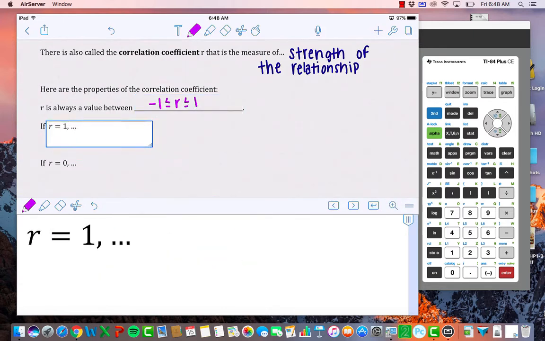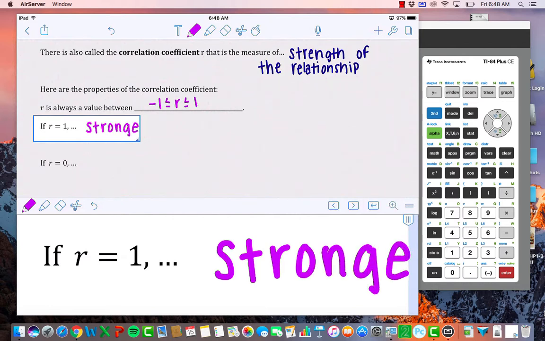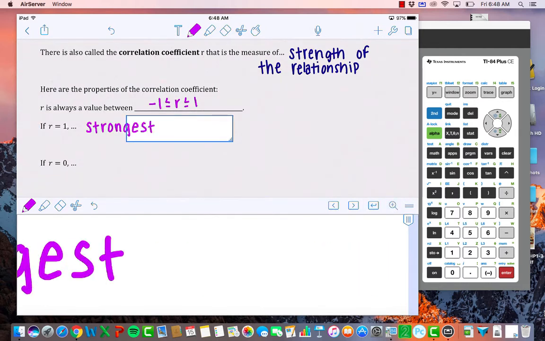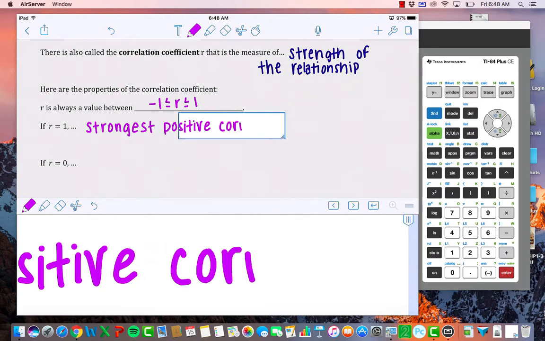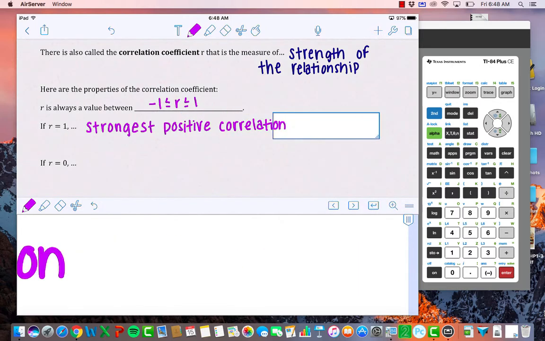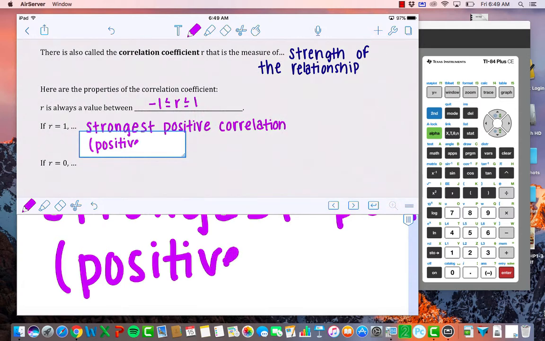So if r is 1, then this is the strongest positive correlation, which actually means the strongest positive correlation is a positive sloped line. Like it's actually a line.